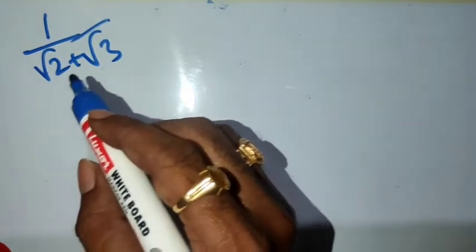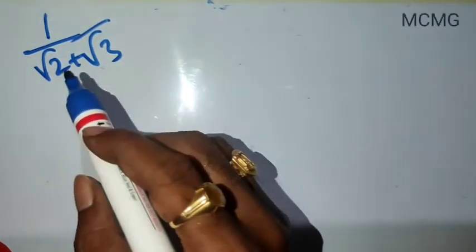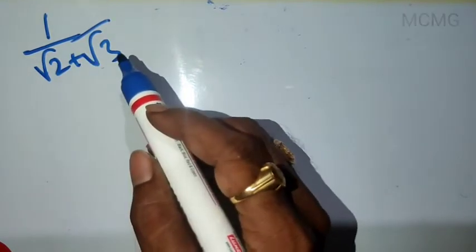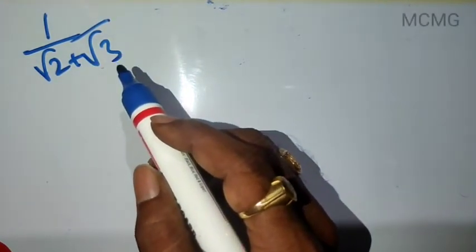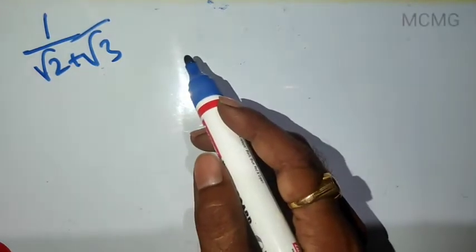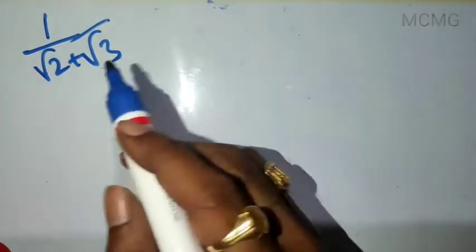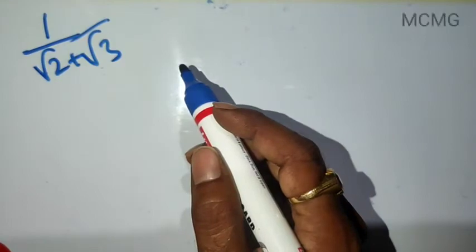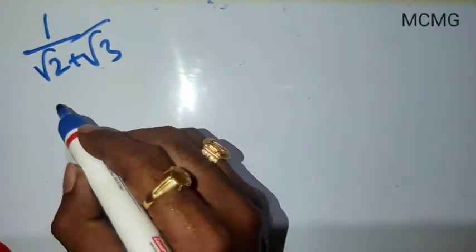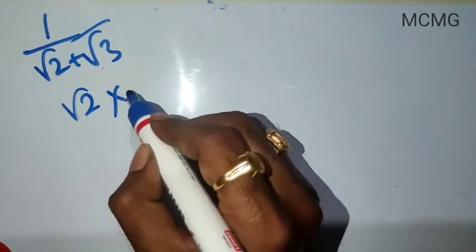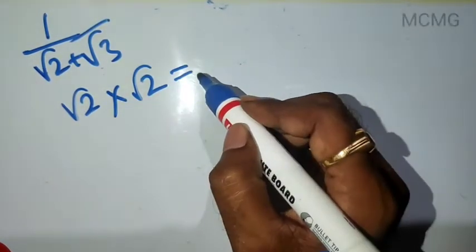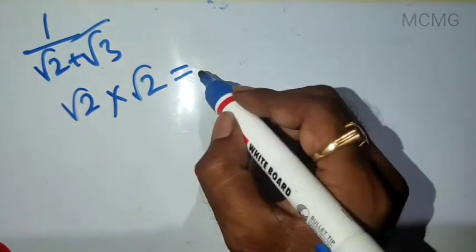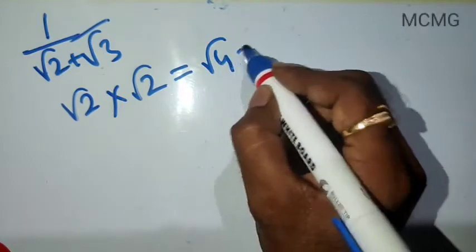Here see, surds are irrational numbers, but if we multiply a surd with a suitable factor, the result of multiplication will be a rational number. This is the basic principle involved in the rationalization of surds. For example, if you multiply root 2 by root 2 itself, what will be the product? Root into root, 4, that is 2.